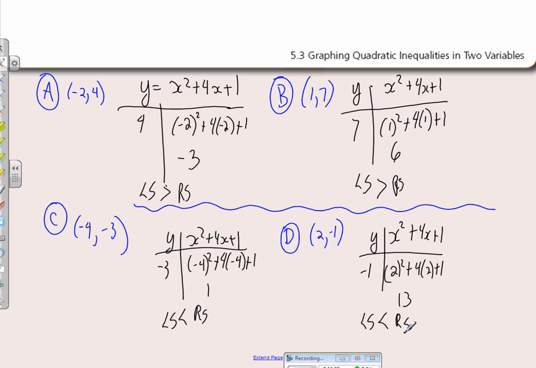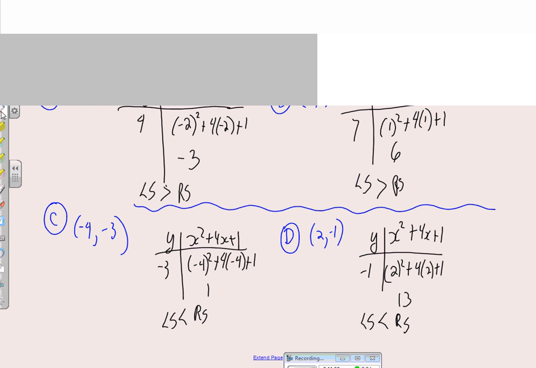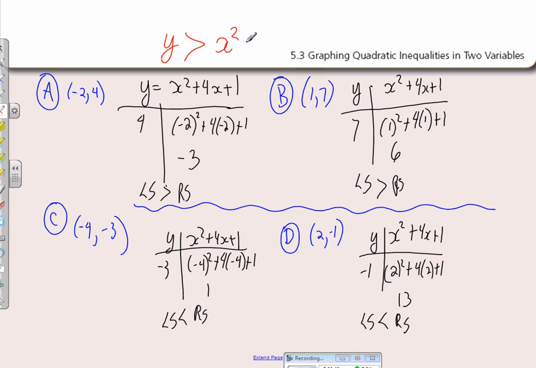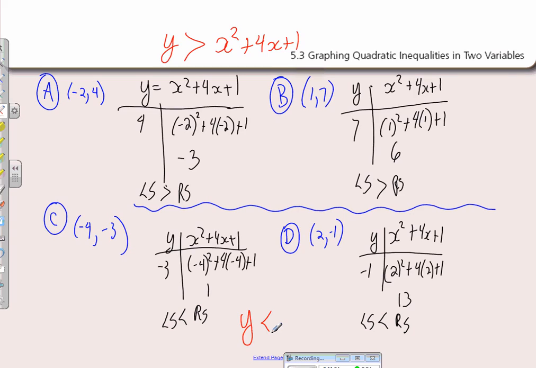So the conclusion that we make now is for the first 2 points, A and B, we know that the y was greater than x squared plus 4x plus 1. The left side was greater than the right side. For points C and D, we've got the left side less than the right side.